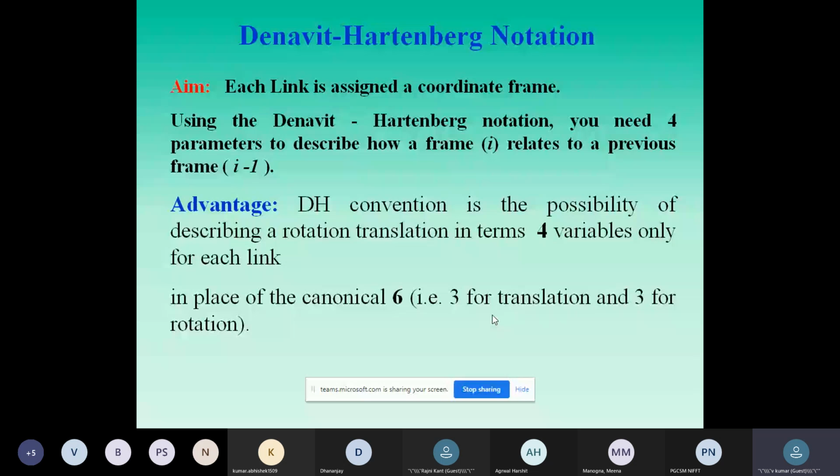Any object placed in 3D space, in general, how many degrees of freedom are required to describe it? 6, no? Yes, sir. But here, using DH parameters, only 4 parameters are needed. And this is advantageous. In place of 6, we only use 4. This is the beauty of DH parameter notation.